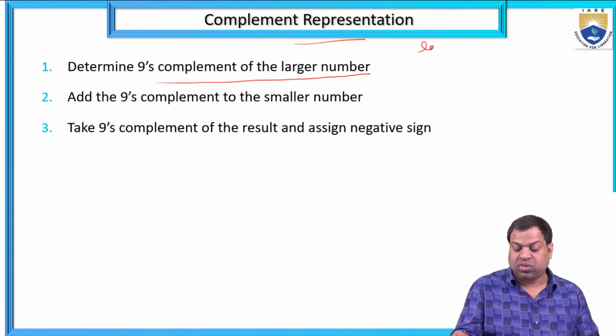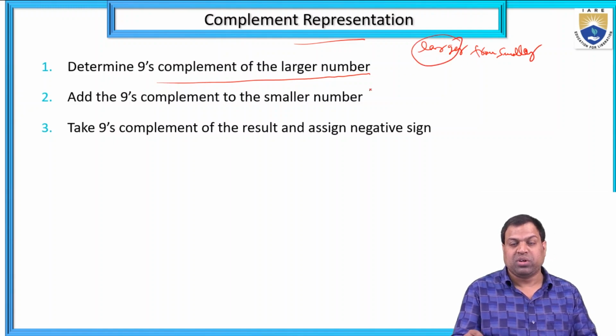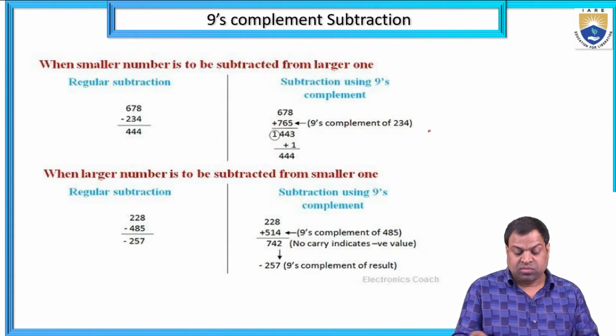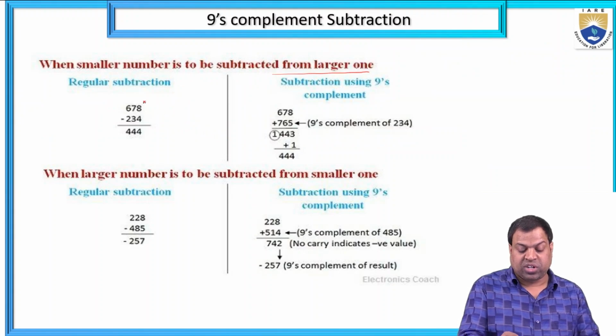Larger from smaller means we take the 9's complement of the smaller number, add it to the larger, and get the resultant. The smaller number is to be subtracted from the larger. Suppose regular subtraction 678 minus 234, that means 444.